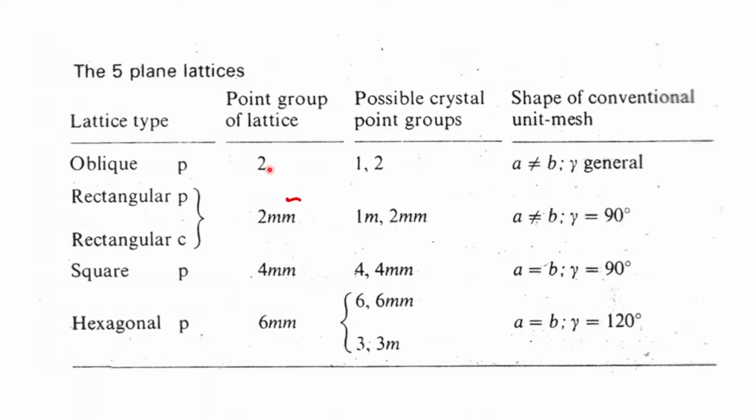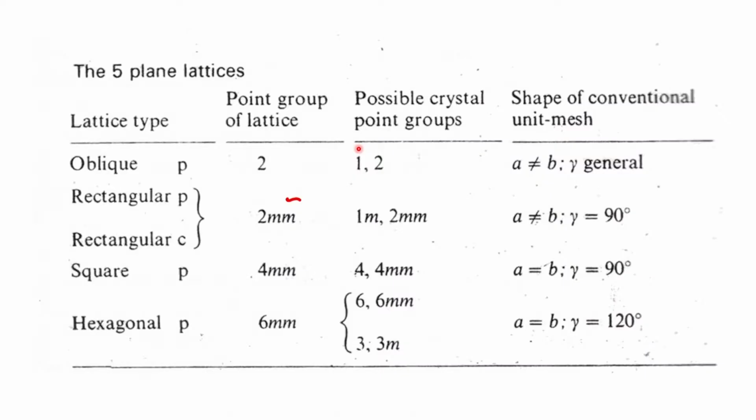If there is a material containing an object, let us say a molecule, and that molecule has no 2-fold symmetry, it can still go into an oblique P lattice with a point group of 1. So, the possible crystal point groups are 1 and 2. Both 1 and 2 are possible in an oblique P situation, where A is not equal to B and gamma is a general value other than 90 degrees.